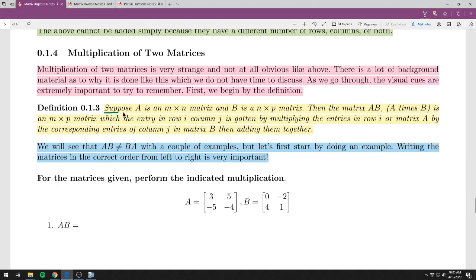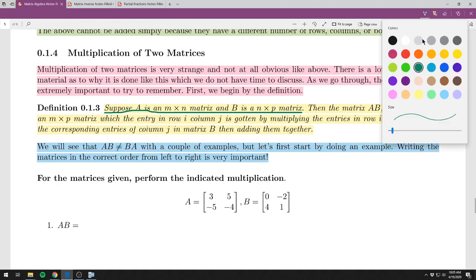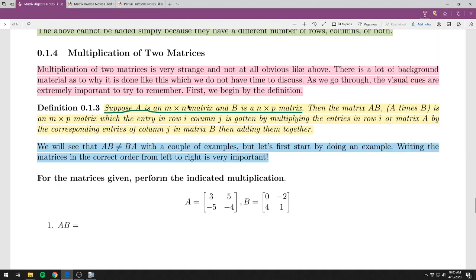So it says, suppose A is an m by n matrix and B is an n by p matrix. What you'll notice here, as I'll outline, is if the column number here, n, and the row number here, n, are the same, that's when you can multiply.